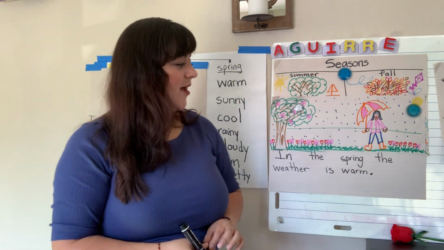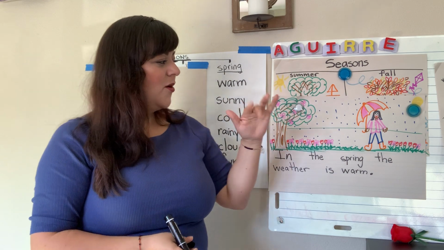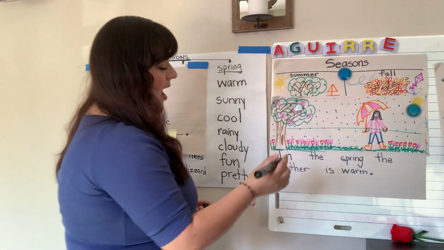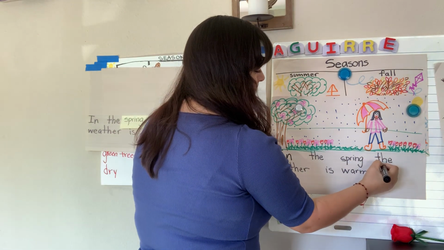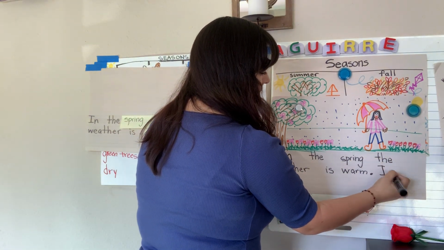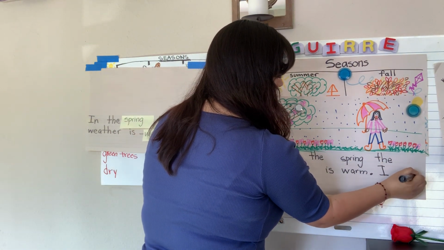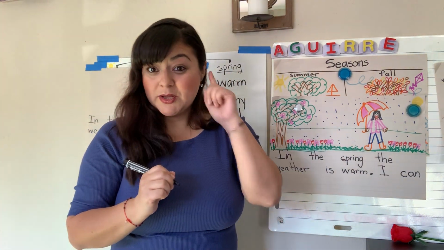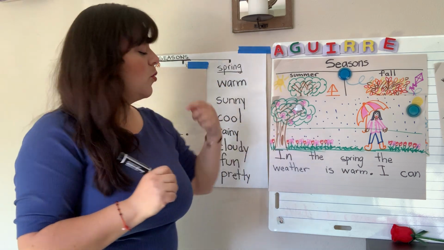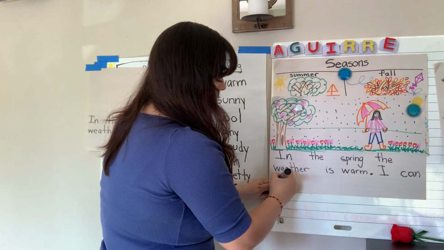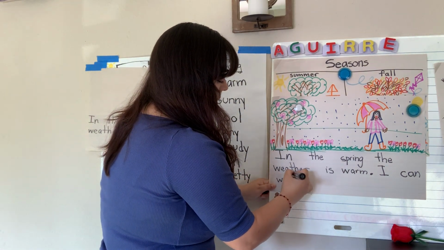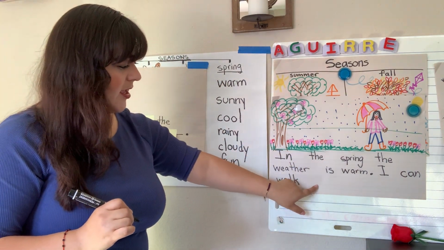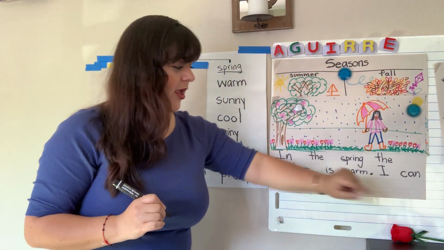I think I like walk in the rain. Okay, so I'm going to write I can walk. So I'm going to use my sounds for that. I can walk in the rain.